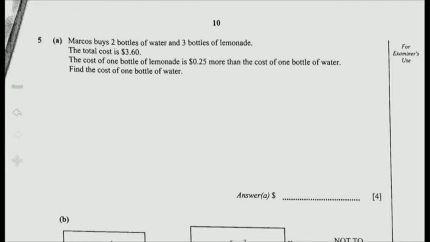Okay, looking at this question here, you have to form 2 simultaneous equations and then try to determine the cost of 1 bottle of water. So to start off, define 2 variables, that is your x, and define your y there.